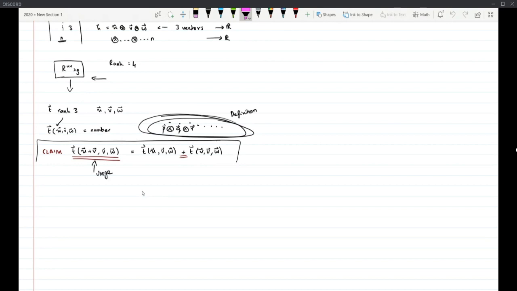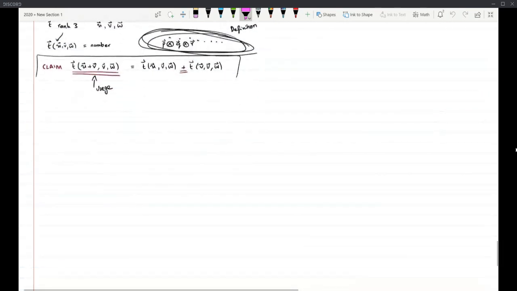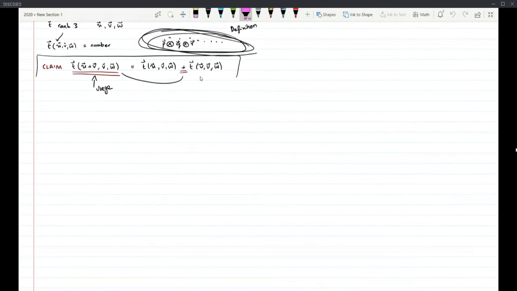I define my tensor in terms of an outer product, and I use it by feeding it vectors, and I get things out as an output. Can you see why this has a plus sign? It's a plus sign which is inherited from the dot product, which is to say that if it was PQR, you'd have P dot U plus V, times Q dot V times R dot W. Does everyone see this?